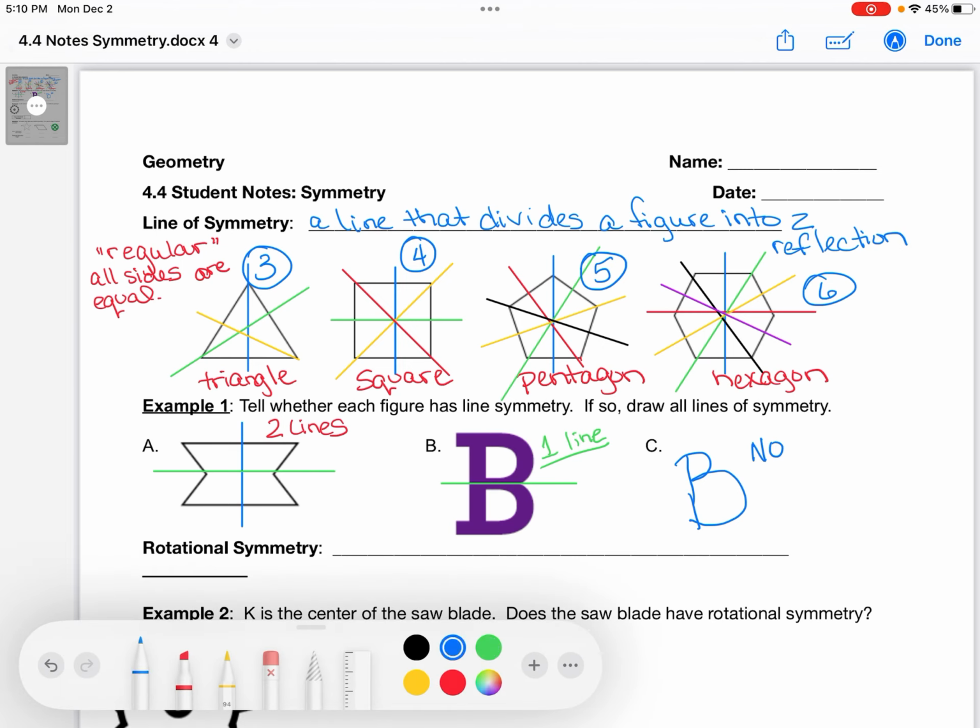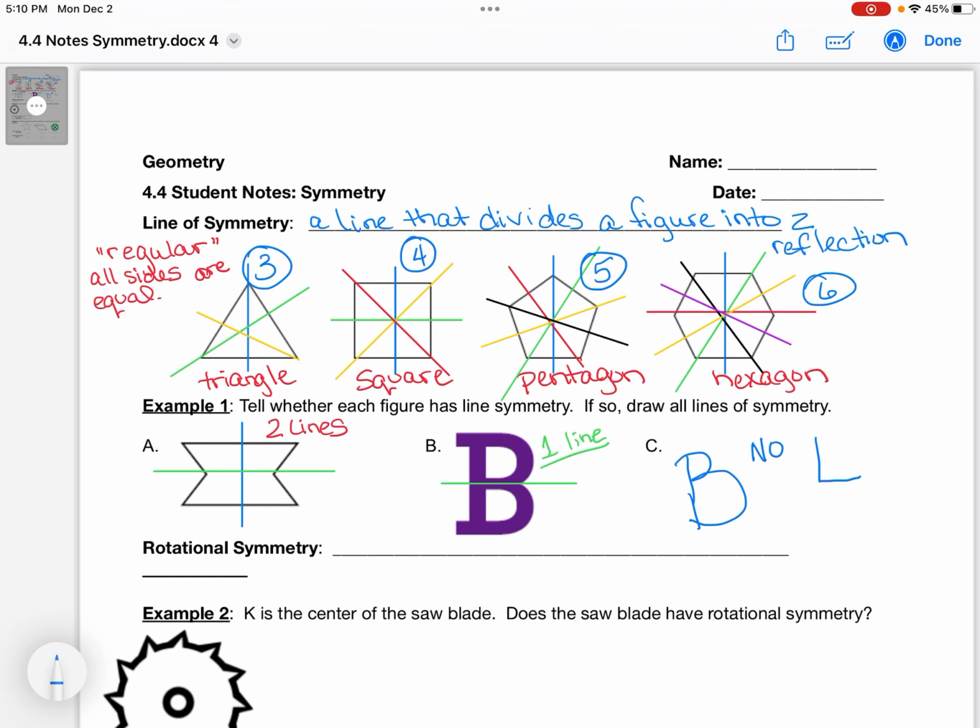So there's some letters with no lines of symmetry. Those are kind of the easy ones to think about. L doesn't have a line of symmetry. F does not have a line of symmetry. So there are letters and there are shapes that have no lines of symmetry.